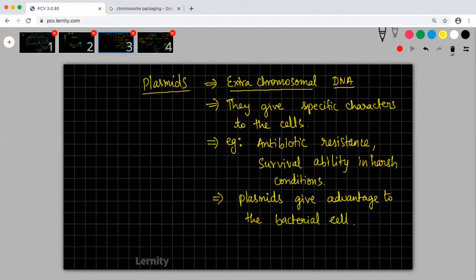Okay, does every bacteria have plasmid? I mean, plasmid is not dependent on gram positive or gram negative. Gram positive can also have plasmids, gram negative can also have plasmids.